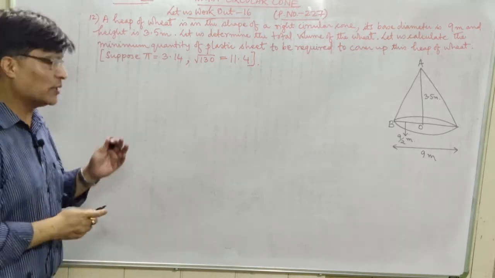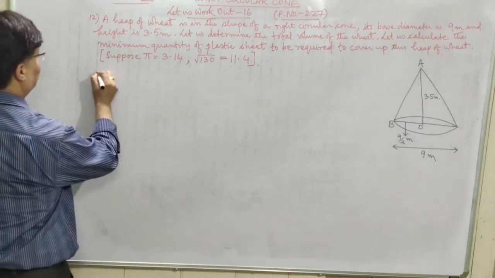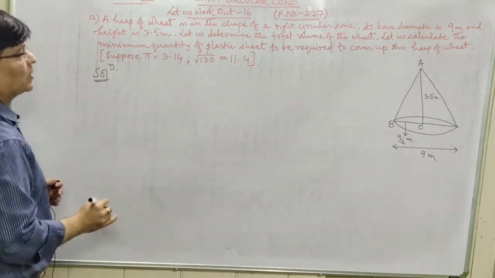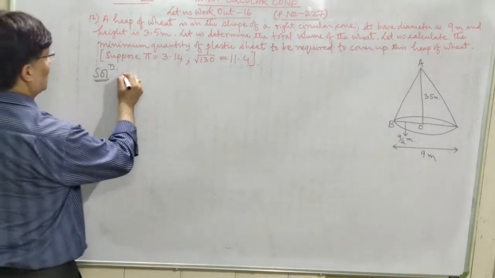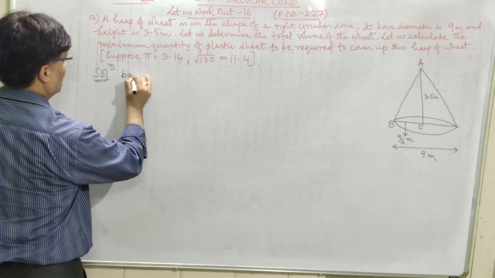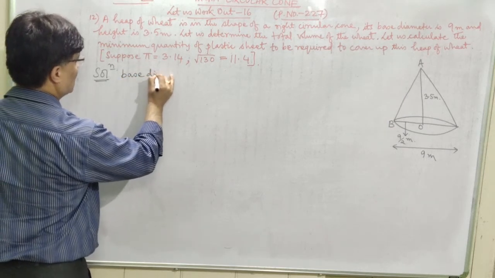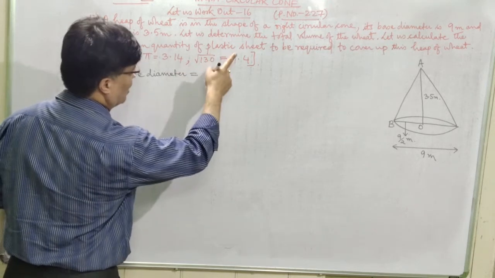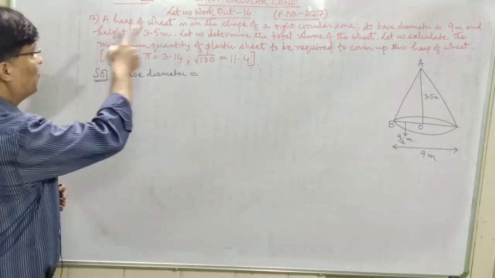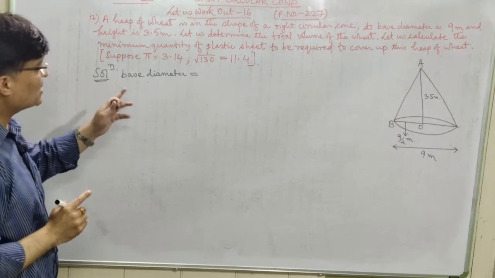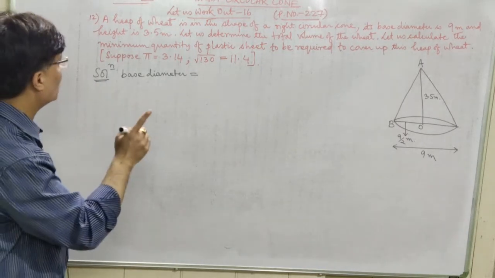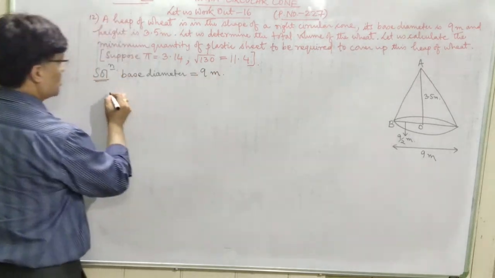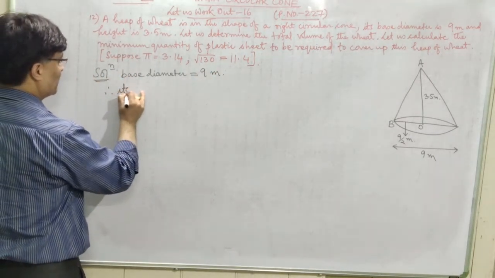Okay, so now let's do the solution now. What is the base diameter of the right circular conical heap of wheat? It is 9 meter. So what is its radius now?